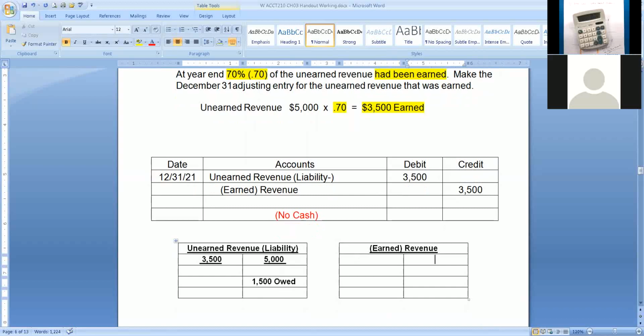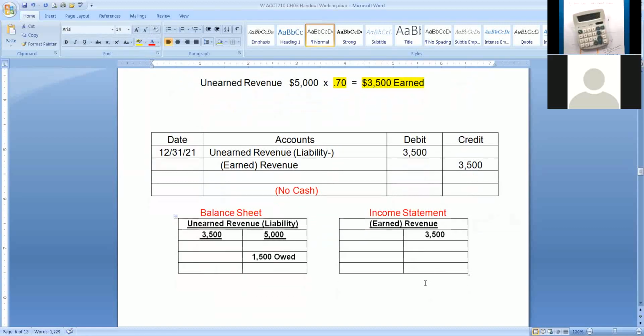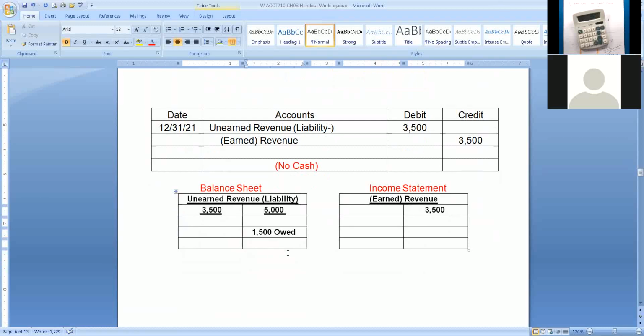And earned revenue is 3,500. So on the income statement, we'll show we made $3,500. We earned it. And on the balance sheet, we will show that $1,500 is still owed.